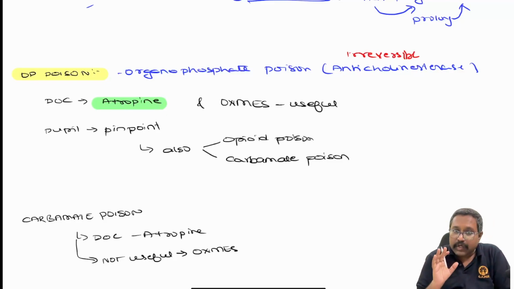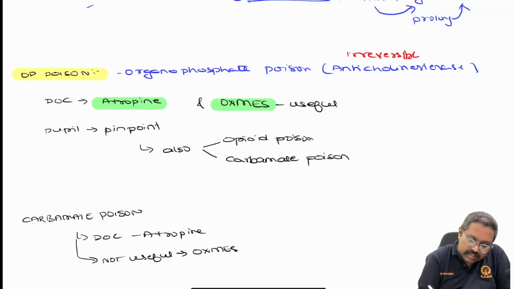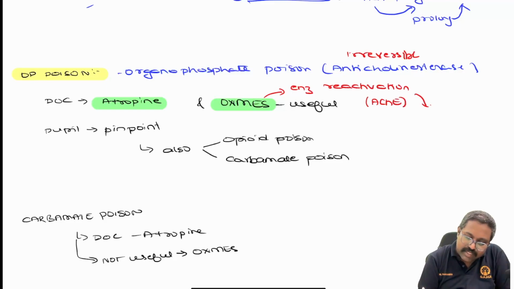So you can give oximes. Oximes are given for what purpose? For enzyme reactivation. It reactivates acetylcholinesterases, so thereby you prevent the enzyme from aging.